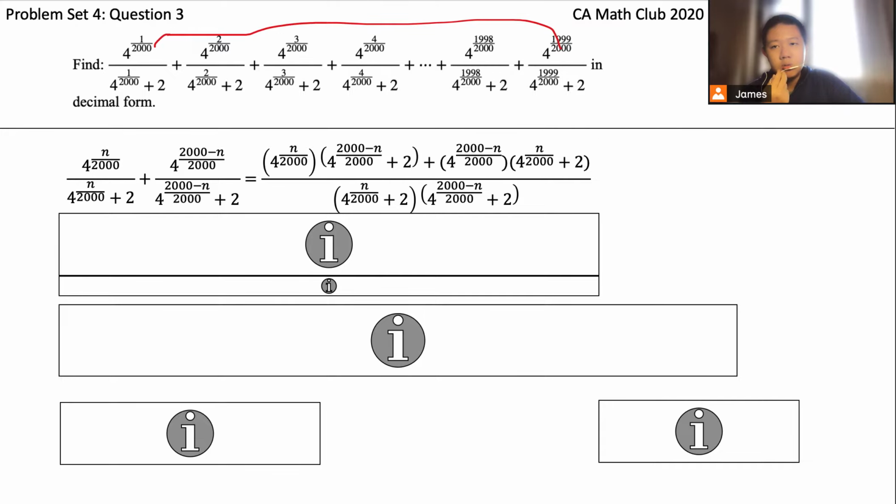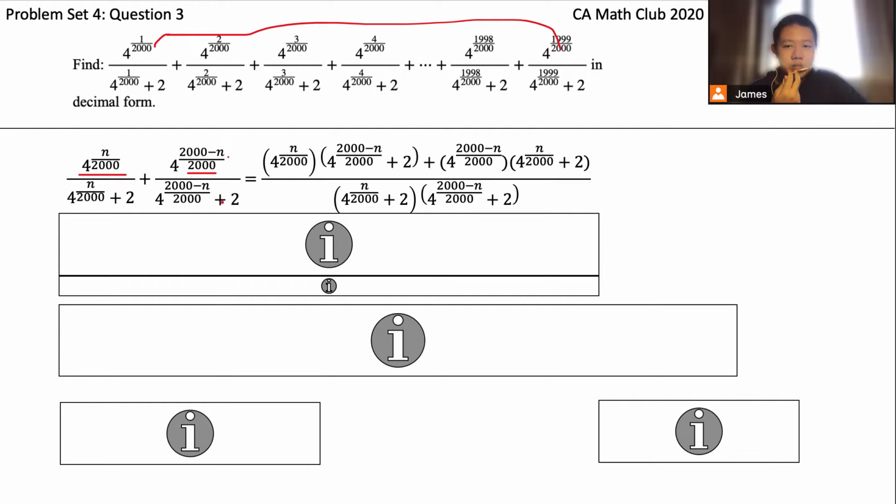For this one, I'll give you a general term: 2000 to the n over 2000 power over 4 to the n over 2000 power plus 2, plus 4 to the 2000 minus n over 2000 power over 2 to the 2000 minus n over 2000 power plus 2.